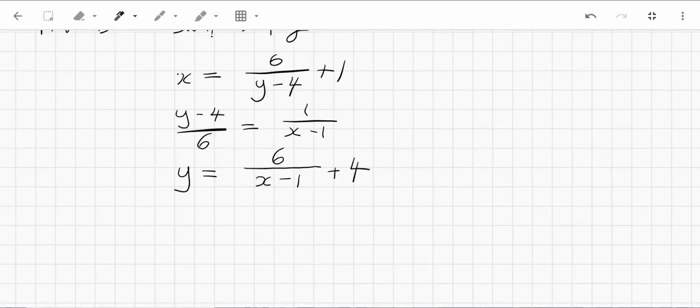So now I have my equation. Therefore, the inverse f minus 1 of x is equal to 6 over (x minus 1) plus 4.